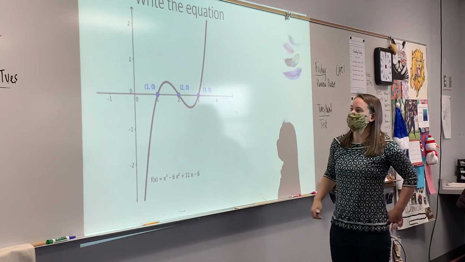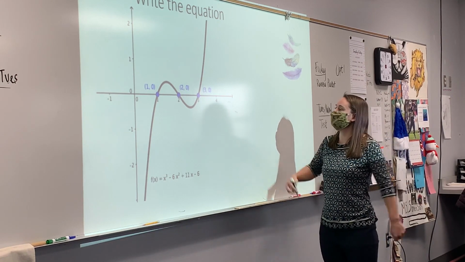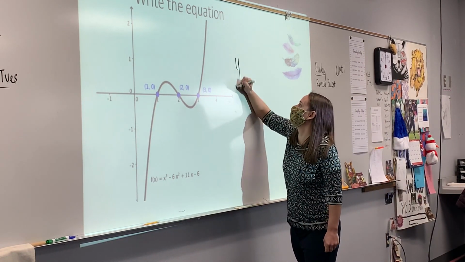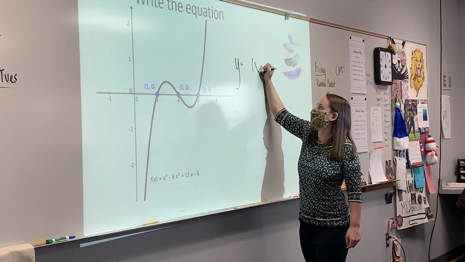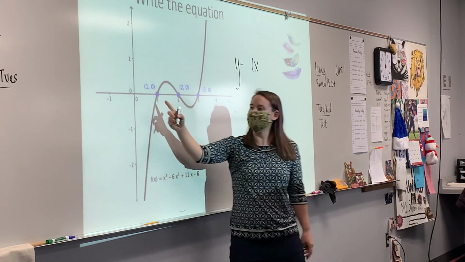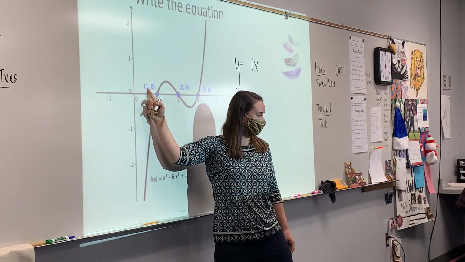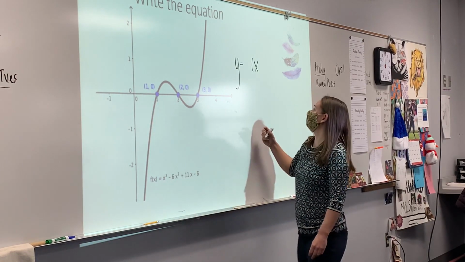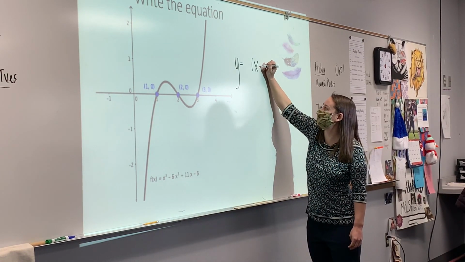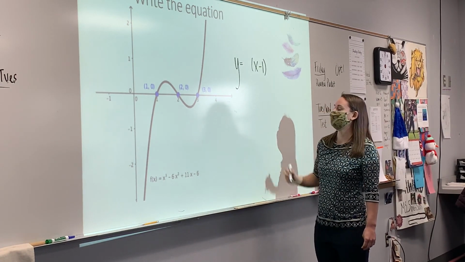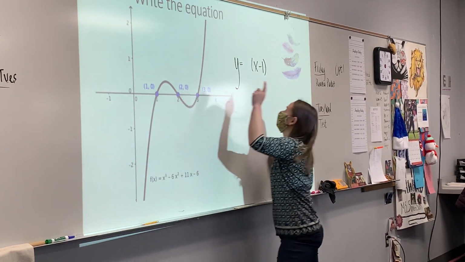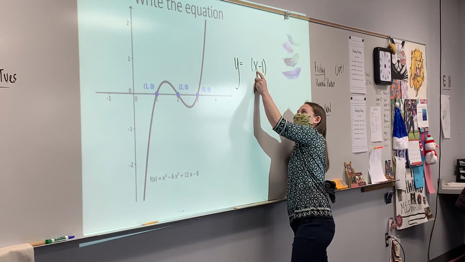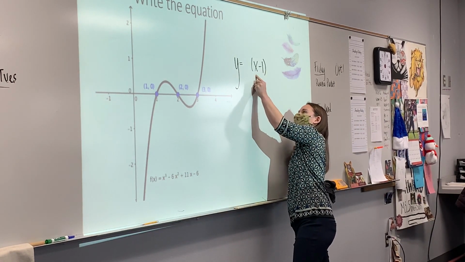So I know from what we just did on our homework that our equation is going to look something like this. If x equals 1 is an answer, I'm actually going to have x minus 1 here. How come? Well, if 1 is a solution, then I need 1 right here to be minus 1 and then get a 0.